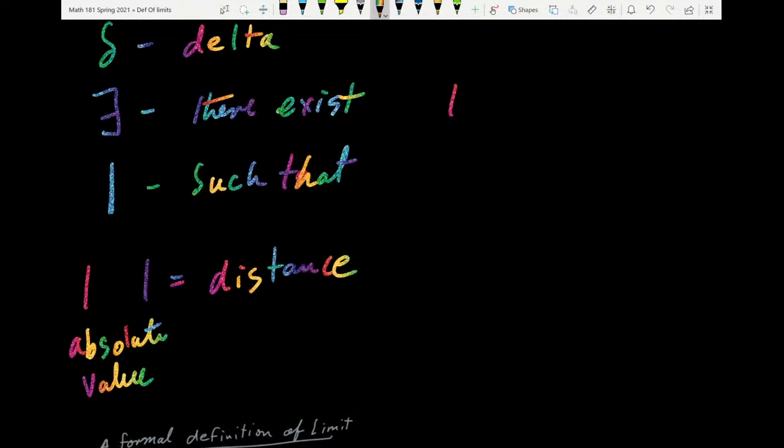On this definition, this means real number.